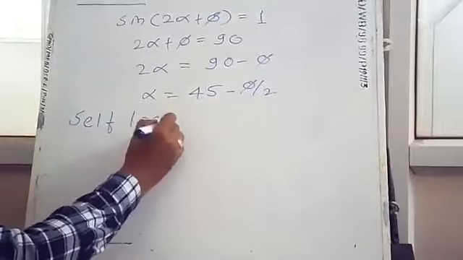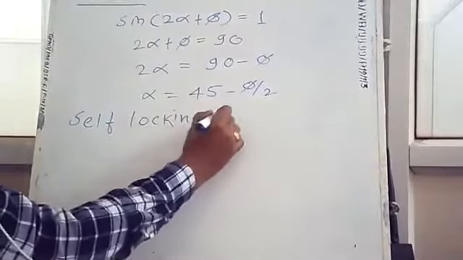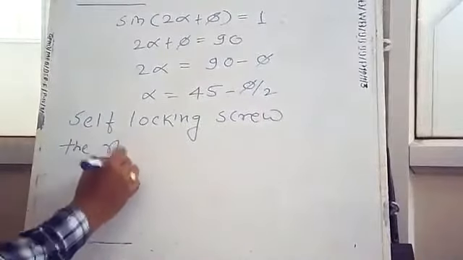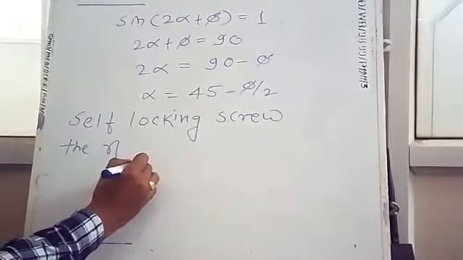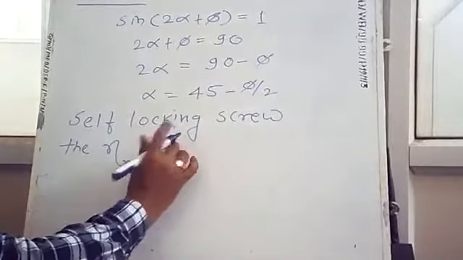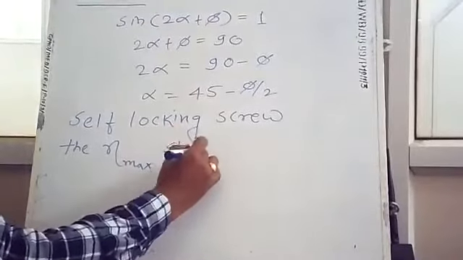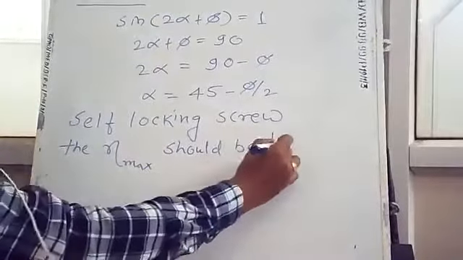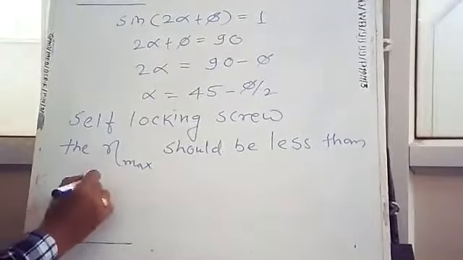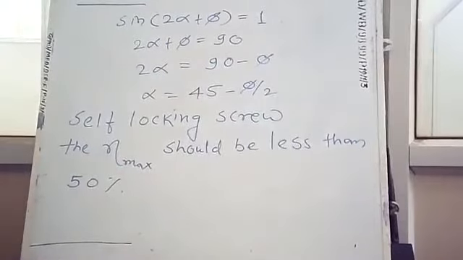For the self-locking screw, the maximum efficiency, or the efficiency, should be less than 50%. So this is the condition for the self-locking screw based on the angle.